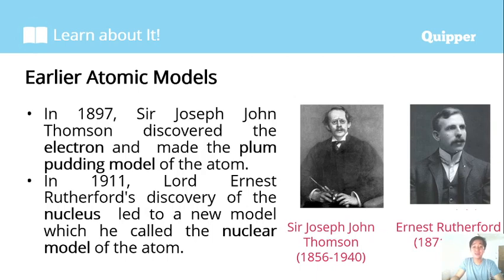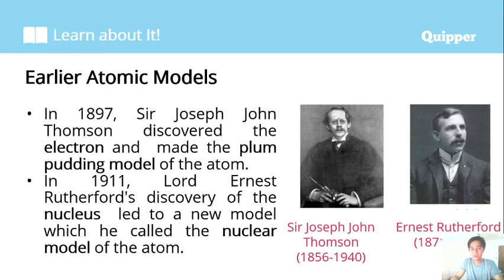And in 1911, a new model was proposed, as the study of the atom continued, transitioning from the plum pudding model to the nuclear model proposed by Ernest Rutherford. During this time, the nucleus was discovered.